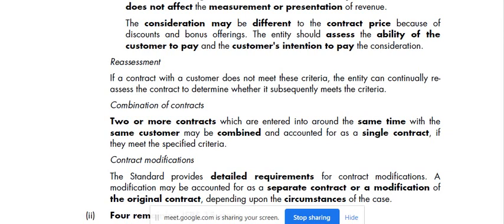Contract modifications. The standard provides detailed requirements for contract modifications. A modification may be accounted for as a separate contract or a modification of the original contract depending upon the circumstances of the case.